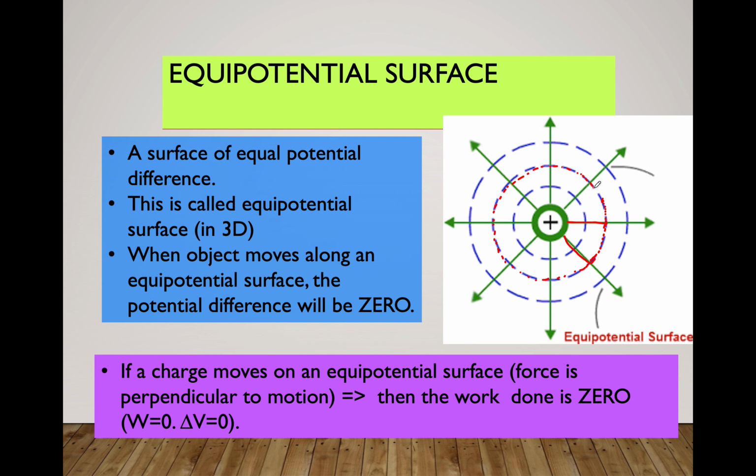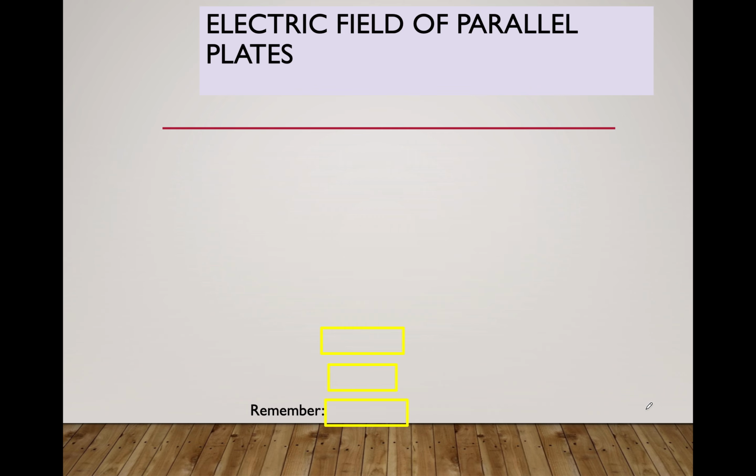I am not getting closer, I am not getting further, I am staying in my same line, which means on an equipotential surface, the potential is equal. So if I had 10 volts here, this whole line is 10 volts. I did not change it. If I do V final minus V initial, it'll be 10 minus 10, you'll end up with 0. Zero work done. No work done on an equipotential line.